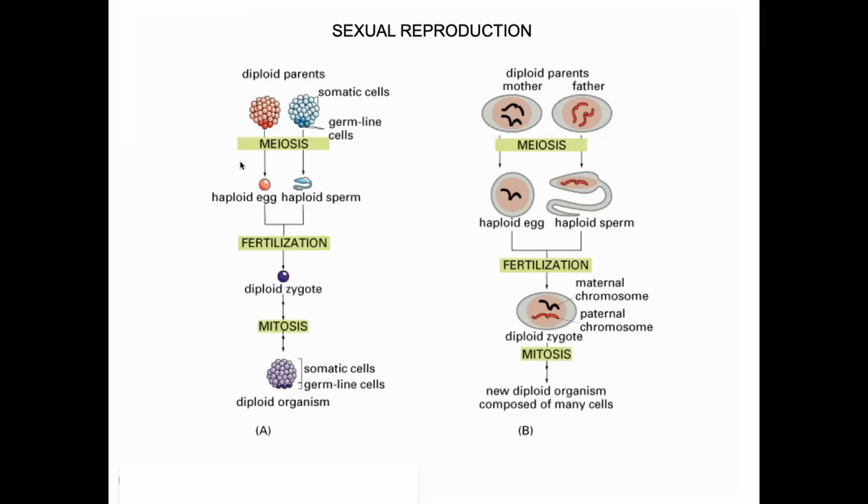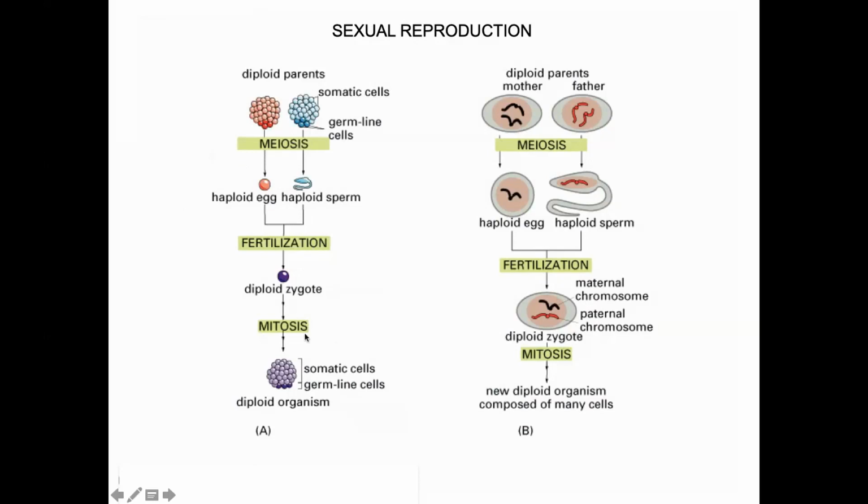Okay, and again, this is occurring within specialized cells that exist within the gonads of the male and female parent. So these two reproductive cells will then fuse with each other through a process that we call fertilization and generate a zygote. Okay, that single-celled zygote then has the ability to replicate itself or duplicate itself through many rounds of cell division, that is different from this meiotic process that I described earlier.